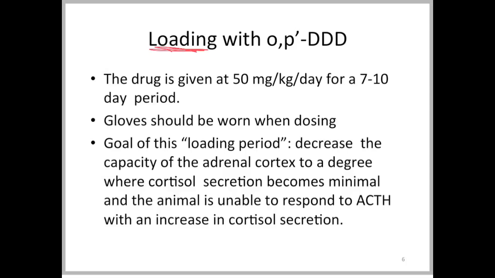You wait to see either till you finish and the animal does okay, or if there are clinical signs consistent with hypoglycemia or weakness or anything that you could consider to be consistent with adrenocortical deficiency, you stop. Then you either test the animal, which is the ideal, with an ACTH stimulation test, or you just proceed to a maintenance dose.